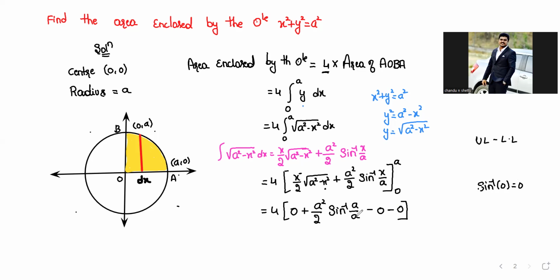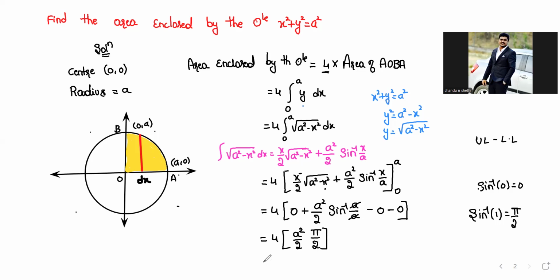Now a and this a cancel. So sine inverse of 1, that means pi by 2 radian value. Now should observe, 4 into a square by 2 should keep it here. Sine inverse of 1 means pi by 2.